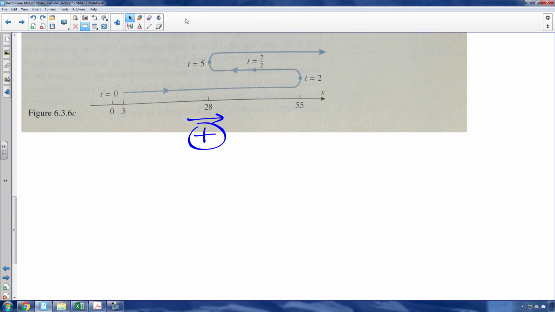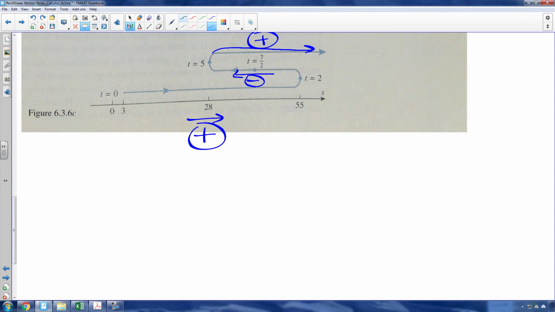And then it turns around. So we actually know that the velocity, which we've been using blue for, is now negative. And it's negative all the way until t is equal to 5 right here, which is pretty good. And then the velocity becomes positive again after that. It turns around and goes this way again, and velocity is positive.